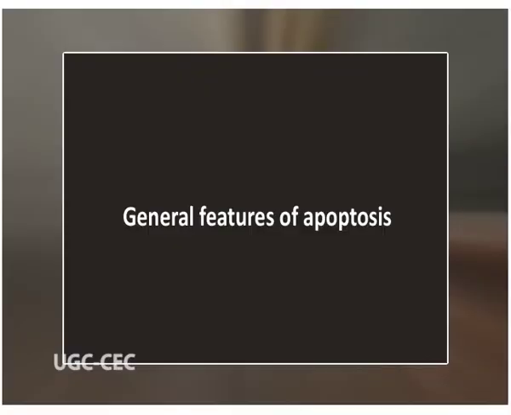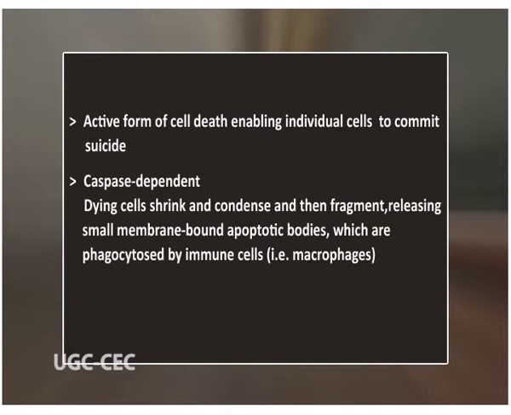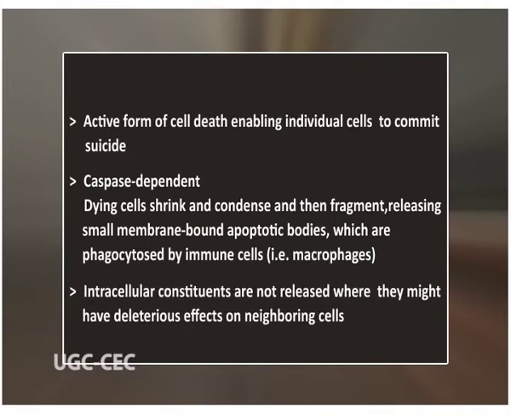The general features of apoptosis are: it is an active form of cell death enabling individual cells to commit suicide, and it is cascade dependent. That is, dying cells shrink and condense and then fragment, releasing small membrane-bound apoptotic bodies which are phagocytosed by immune cells, and intracellular constituents are not released, where they might have deleterious effects on neighboring cells.